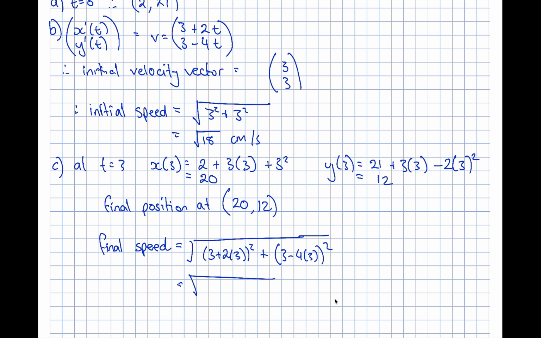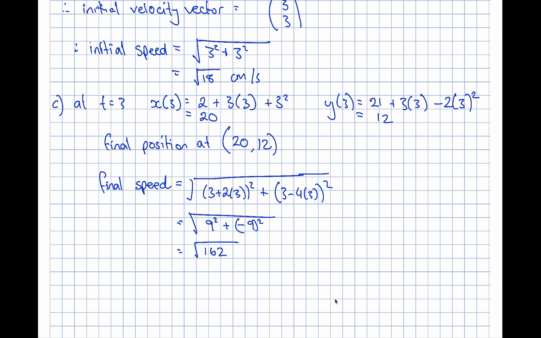So that's going to be equal to the square root of 9 squared plus negative 9 squared, which is the square root of 162, which would simplify down, but I can't bother simplifying it down, but you can simplify it to whatever that comes out to be. That's our final speed, so that's C sort of complete.